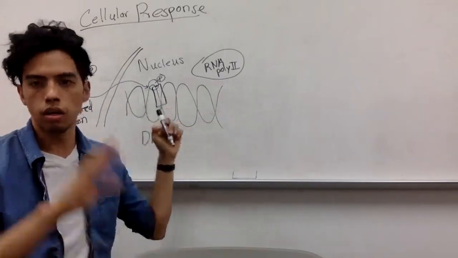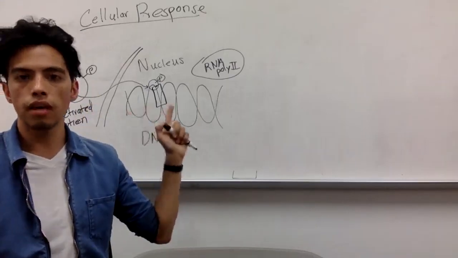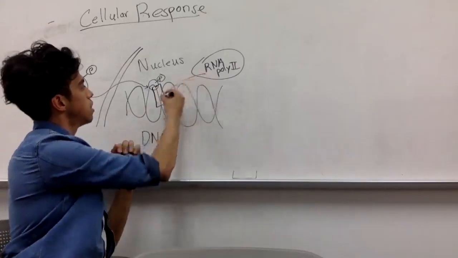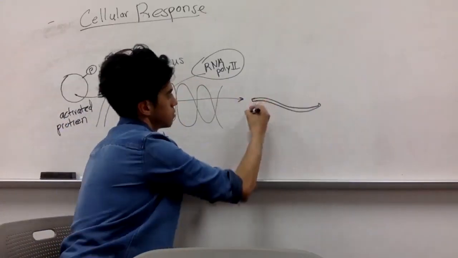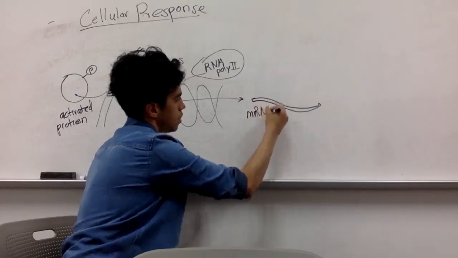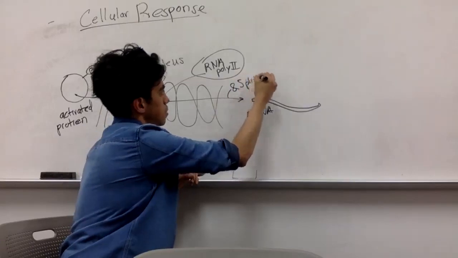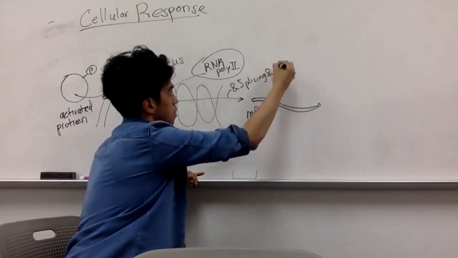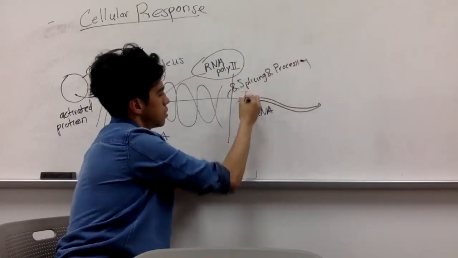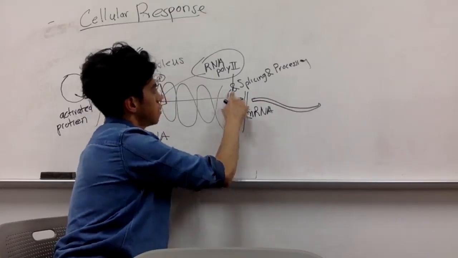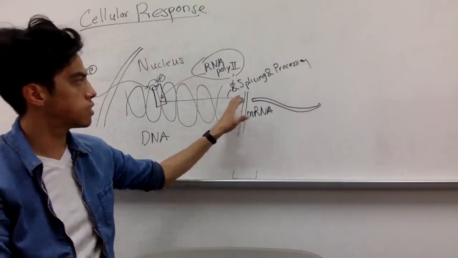So it's going to act as a transcription factor. It's going to bind to the promoter. You guys all know this. It's exam 2 stuff. It's going to tell this RNA polymerase to bind, and you're going to create... I'm including the step of splicing, RNA splicing and processing, right?